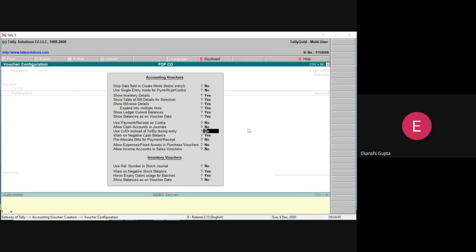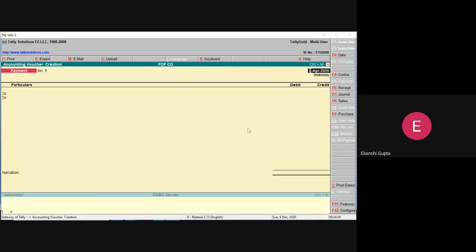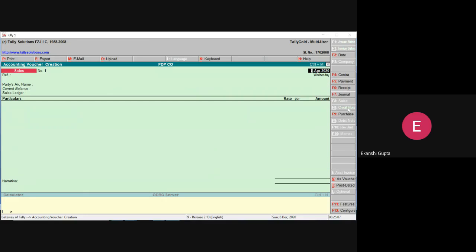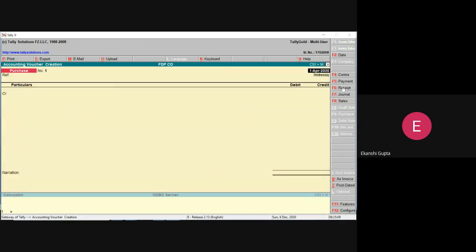Use debit credit instead of to buy during entry, yes. And I'll click enter, enter, enter, enter. Now my payment voucher is there, contra voucher, receipt voucher, journal voucher, sales voucher, and purchase voucher.